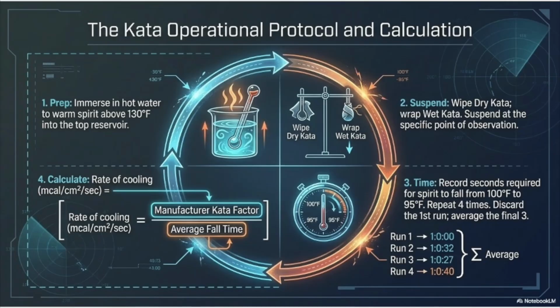Third, timing, recording the seconds required for the spirit to fall from 100 degrees Fahrenheit to 95 degrees Fahrenheit, repeating this 4 times, discarding the first run and averaging the final 3 readings. Fourth, calculation, the rate of cooling, measured in millicalories per square centimeter per second, is calculated by dividing the manufacturer's kata factor by the average fall time.